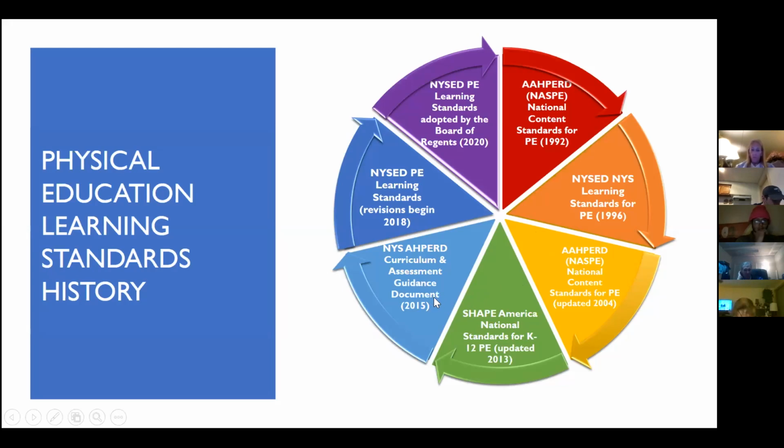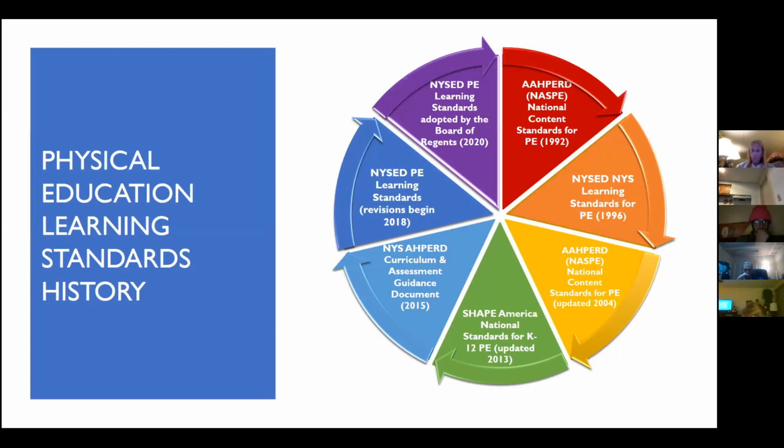In 2015, noticing a gap between the New York State standards and 3 iterations of the national standards, it became increasingly apparent to many new visionaries in New York State AHPERD that there was a gap. Prompted by the efforts of Dr. Elisa James and many of her colleagues across the state, they successfully developed the New York State AHPERD Curriculum and Assessment Guidance Document.